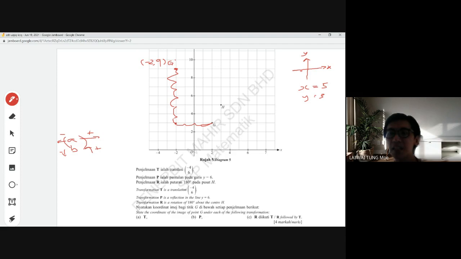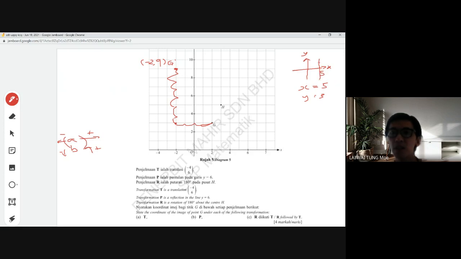If the horizontal axis is x, then for the straight line x equals 5, it should be a vertical line. If here is 5, the straight line x equals 5 is a vertical line that passes across 5.